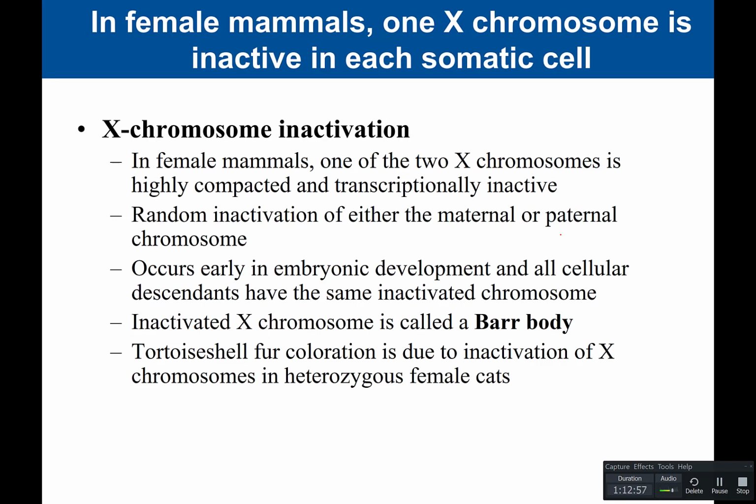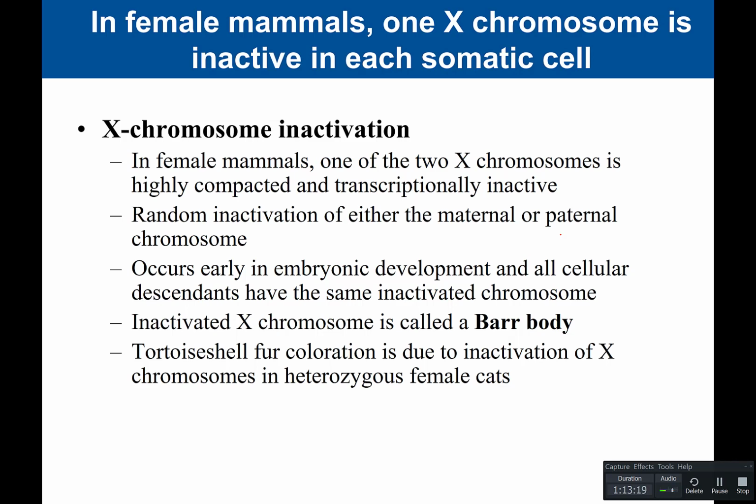And the answer is that there is this phenomenon called X chromosome inactivation. In female mammals, one of the 2 X chromosomes is highly compacted and transcriptionally inactivated. So what that means is it packs in really, really tight, and it forms a structure called a bar body.